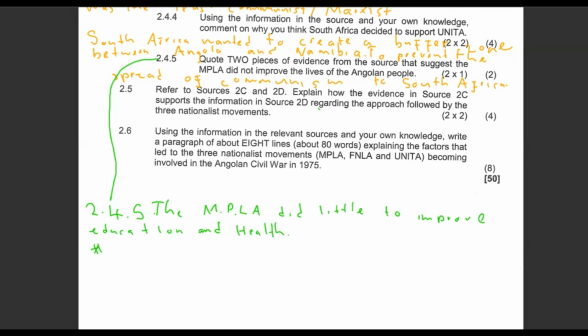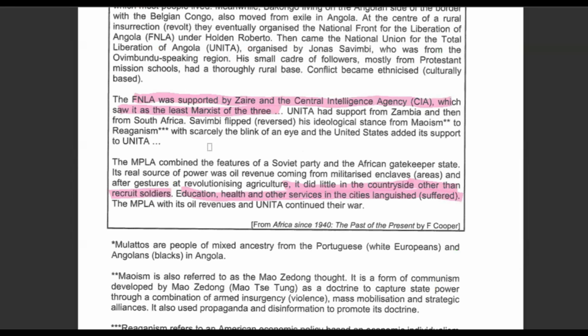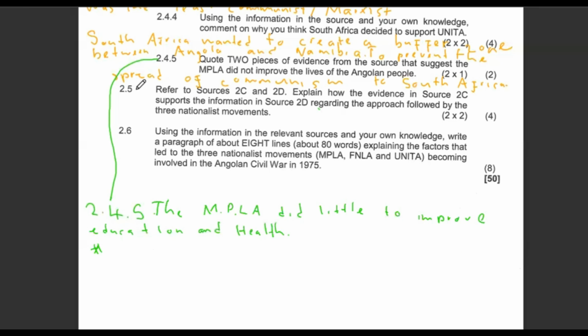Let's go back to our source again and quote another. They did little in rural areas.